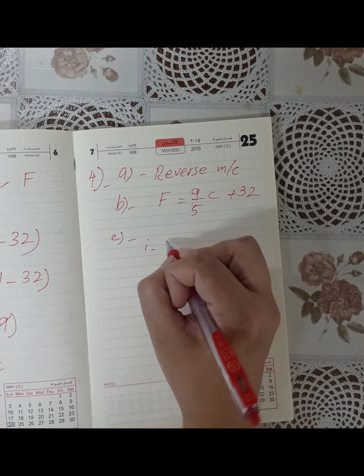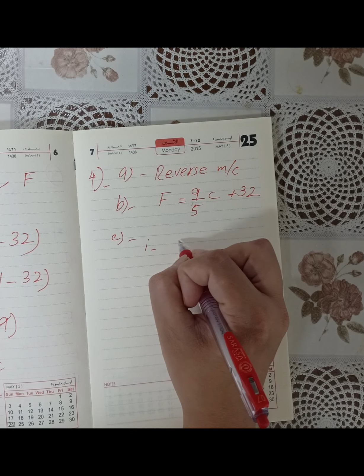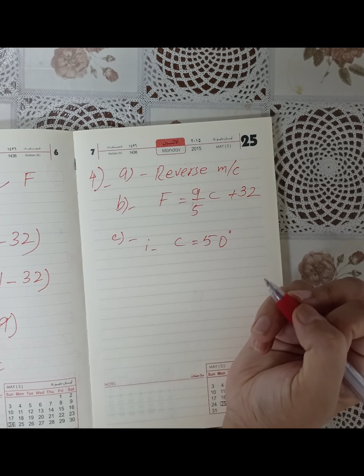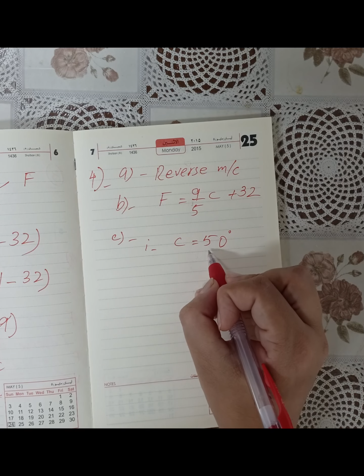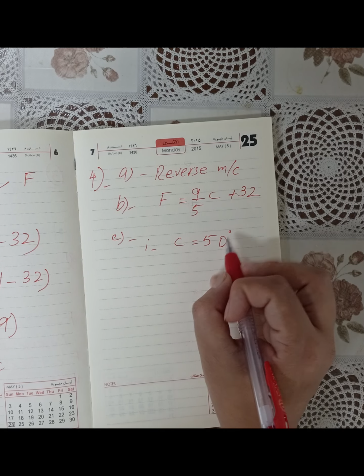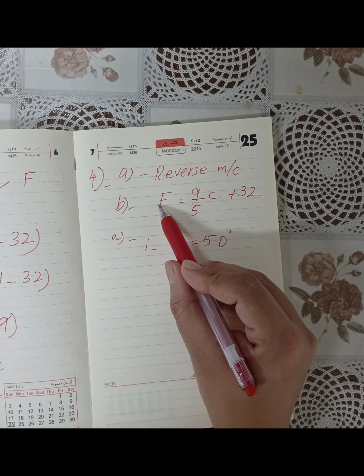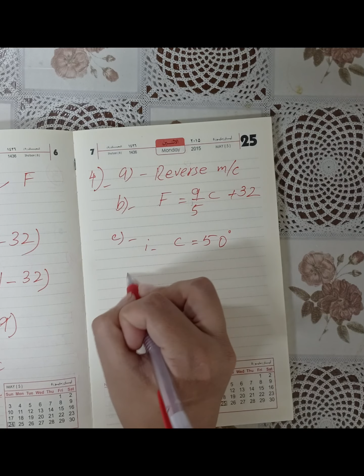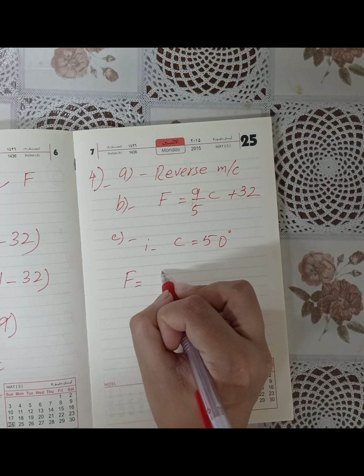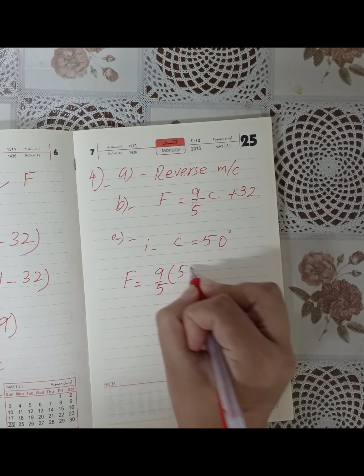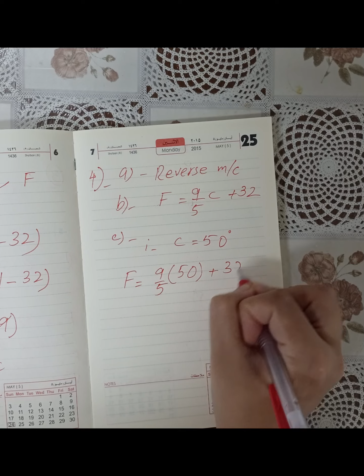9/5 C plus 32. So part C is if we have different temperatures. For example, the first one is C equals 50. If the temperature in degrees Celsius is 50, we have to find out what this temperature will be in Fahrenheit. So I will write the formula for finding F: 9/5, where there is C, I will put 50, plus 32.